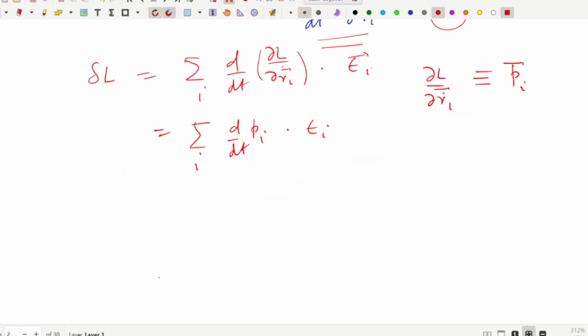So, we can write this as sum over i of epsilon i dot d/dt of Pi, and since epsilon is constant, we can write this as d/dt of sum over i of epsilon i dot Pi.